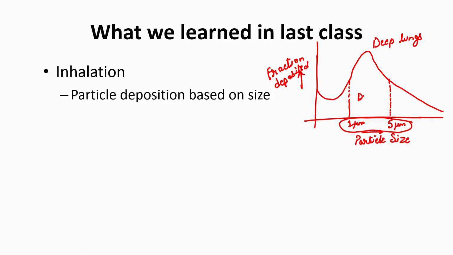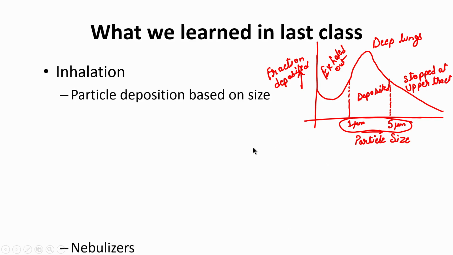So, this is deposited, sizes in this range are exhaled out, and sizes in this range are stopped at the upper respiratory tract. So, that is what we discussed in particle deposition based on size.